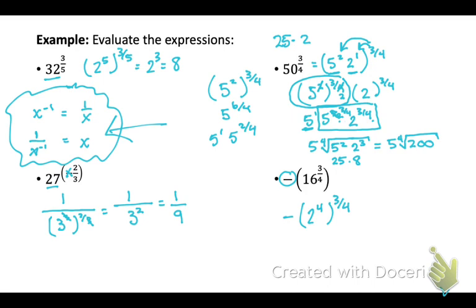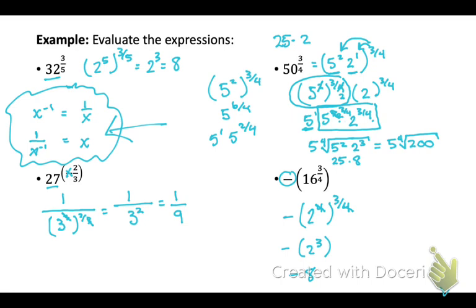So 4 times 3/4 gives me just 2 to the 3rd. So negative 8. So it's negative 1/8? Nope. It's not on the exponent. Oh. A negative on the exponent reciprocates it.